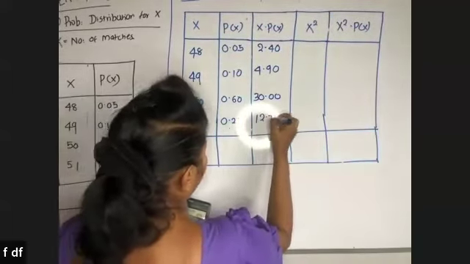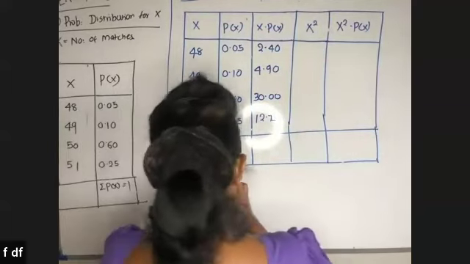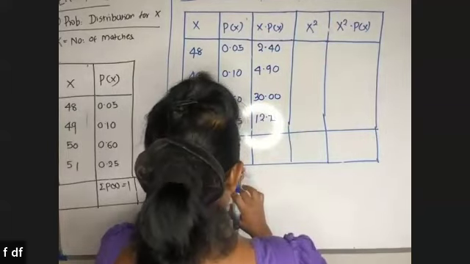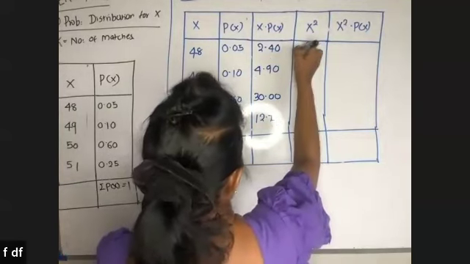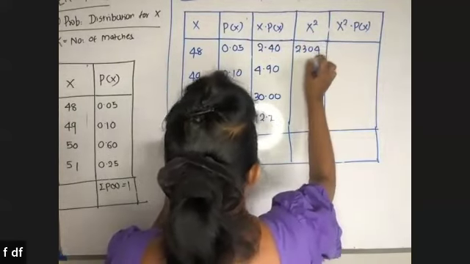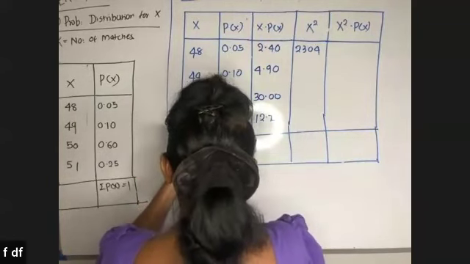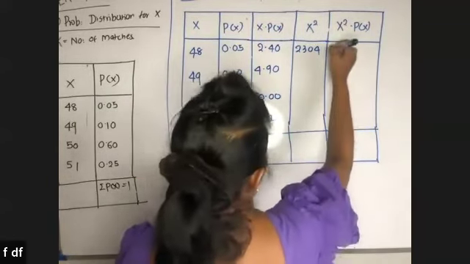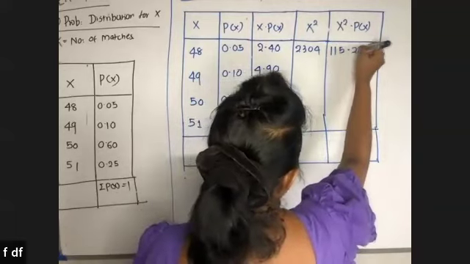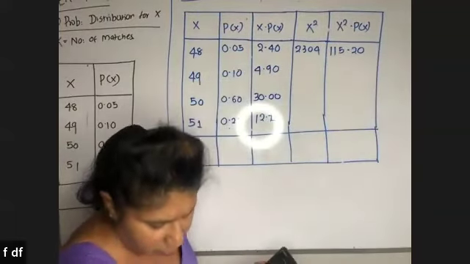Then square your random variable. 48 square is 2304, multiplied by the probability 0.05 gives 115.20.